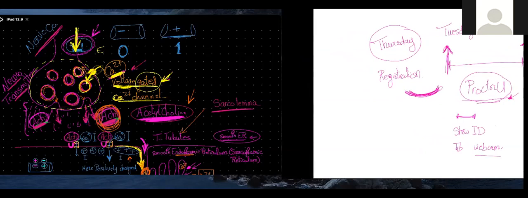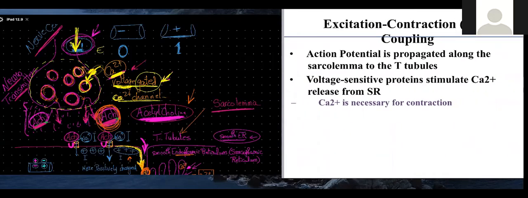All right, so moving back to our discussion here, excitation contraction coupling. This is the time between the action potential being propagated along the sarcolemma until it reaches the T tubules.